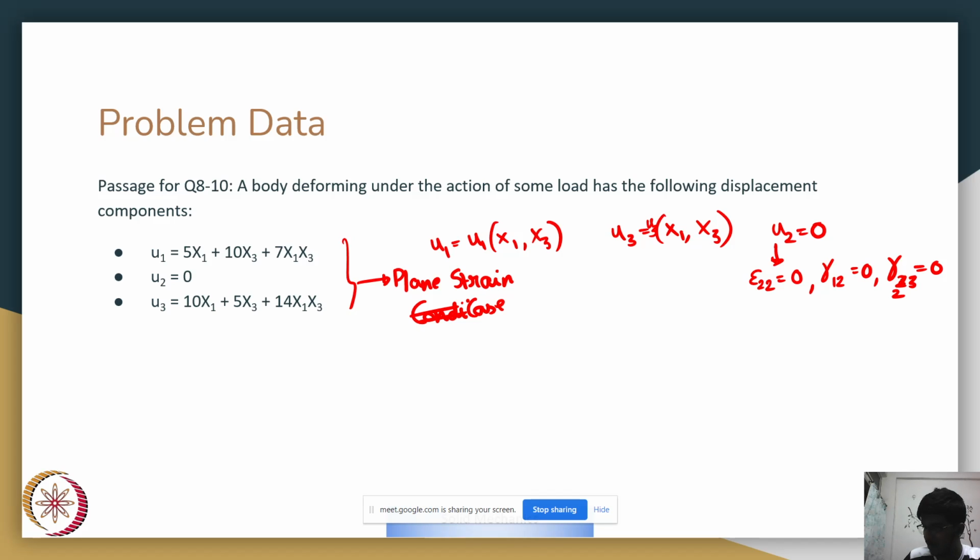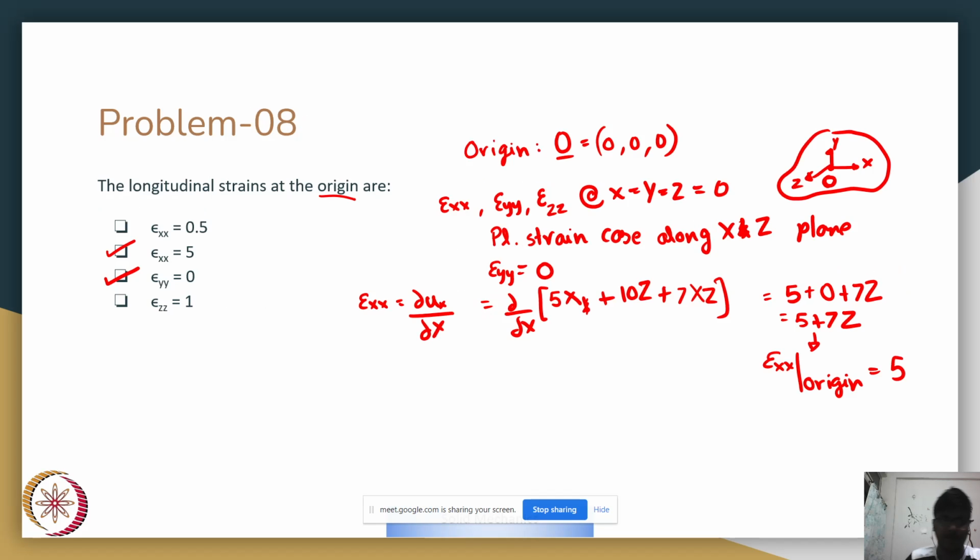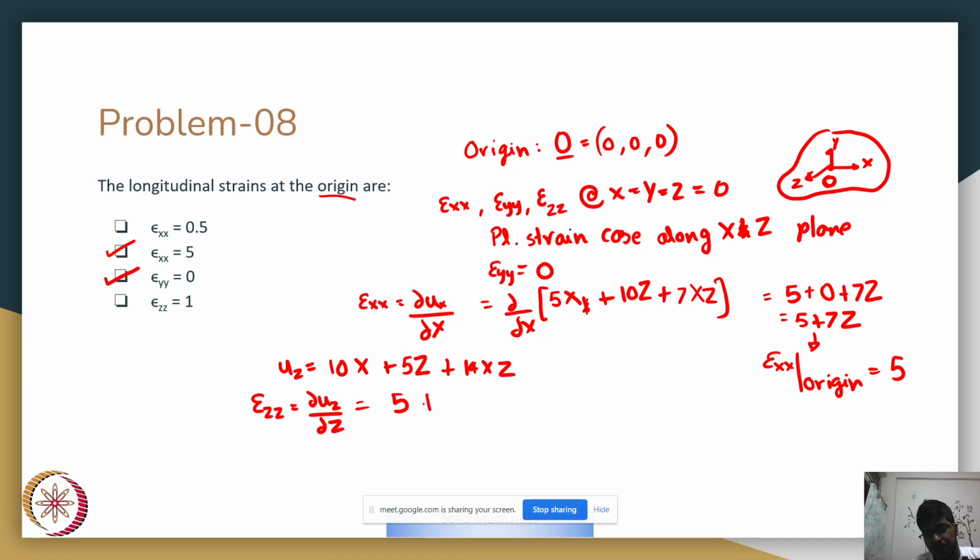And this is for Z, right? So for Z, we are given uz is equal to tan x plus 5z plus 14xz. Epsilon zz is nothing but dou uz by dou z. So this should be 5 plus 14x, right?